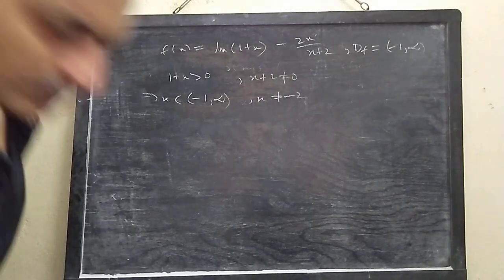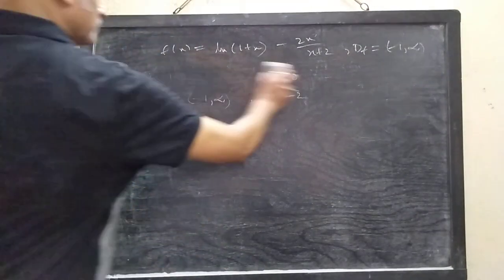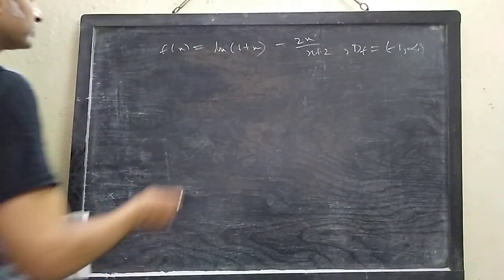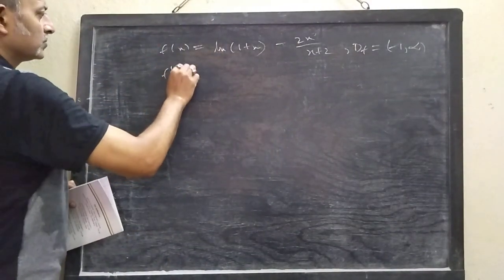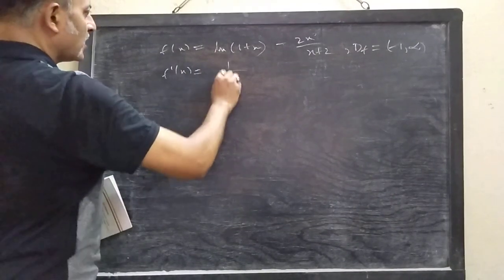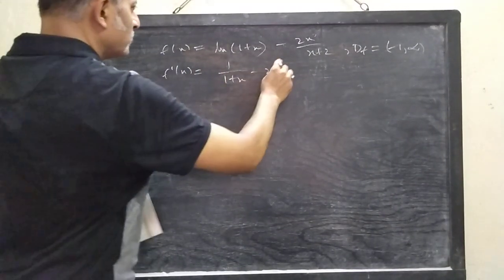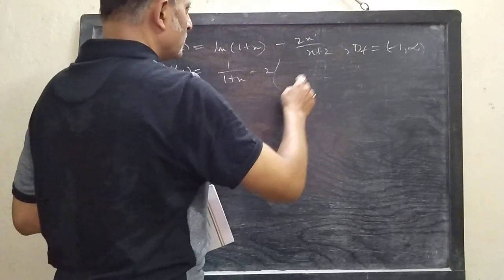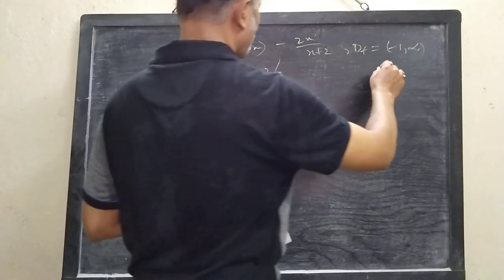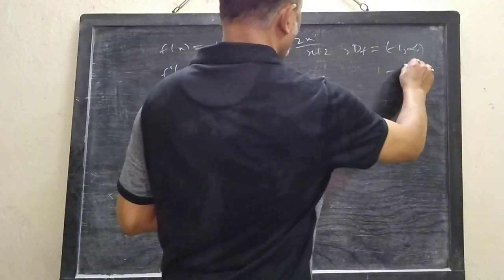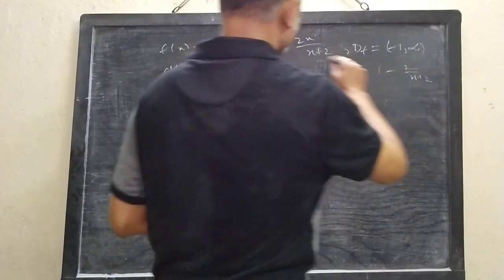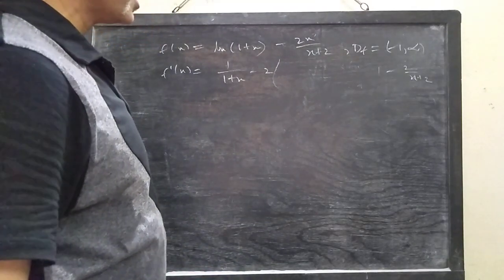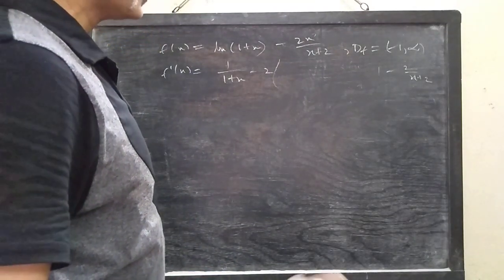Now find the derivative of the function. f'(x) will be 1 by 1 plus x minus 2 into x by x plus 2. You can think of x as x plus 2 minus 2.